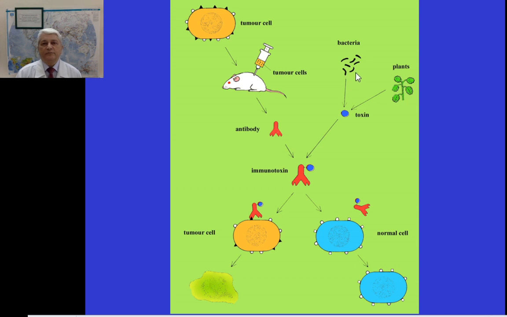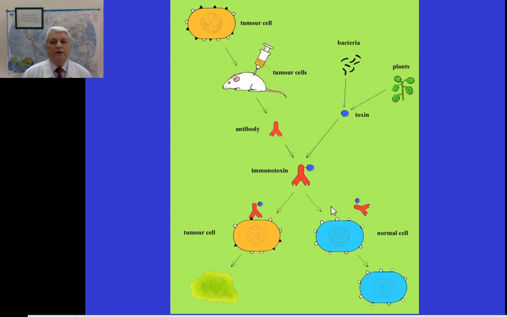Then we take a poisonous bacteria or poisonous plant, purify toxin, and chemically combine immunoglobulin monoclonal antibody with this toxin. And finally we receive immunotoxin. Then we inject this immunotoxin into the body of the patient.